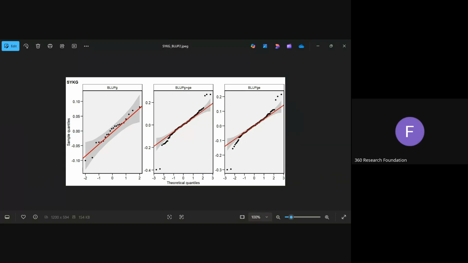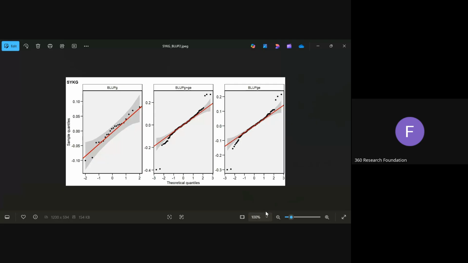Sir, in the second and third graphs, what do the three upper dots and lower two dots represent?